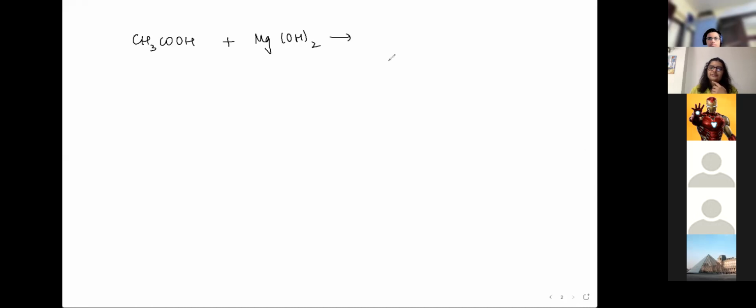Okay. All right. One last reaction for neutralization. CH3COOH plus Mg(OH)2. So what would be the products of this neutralization?